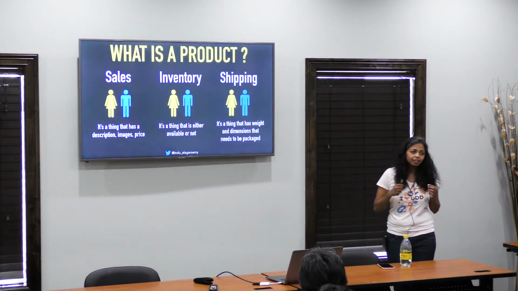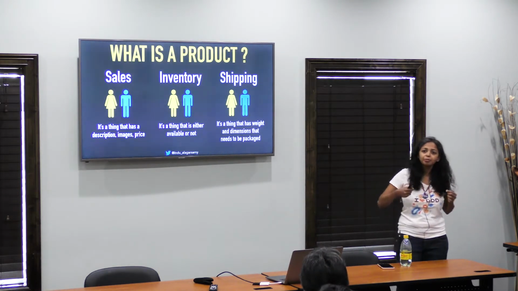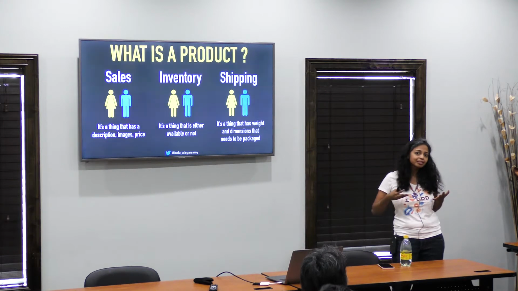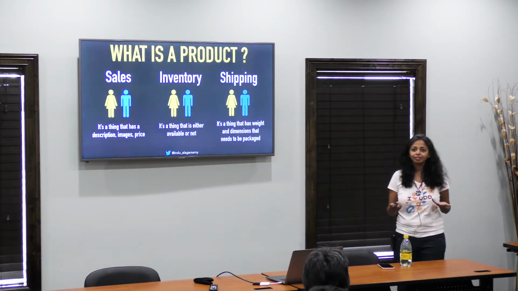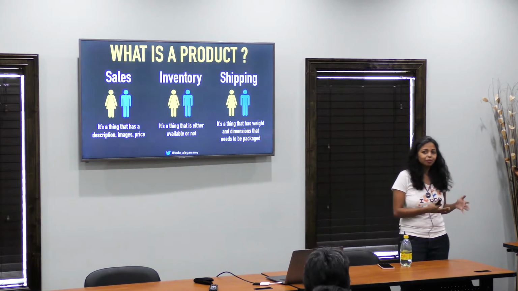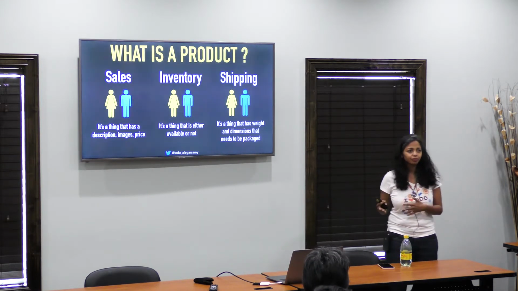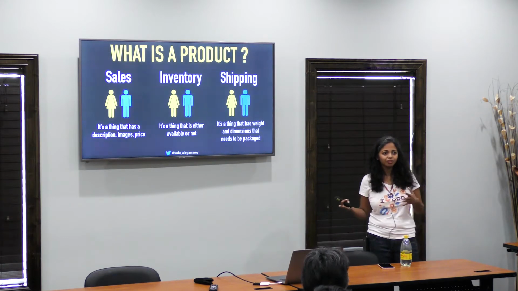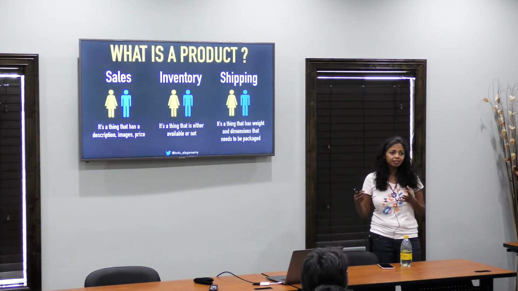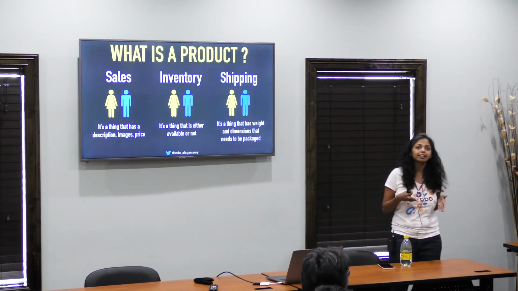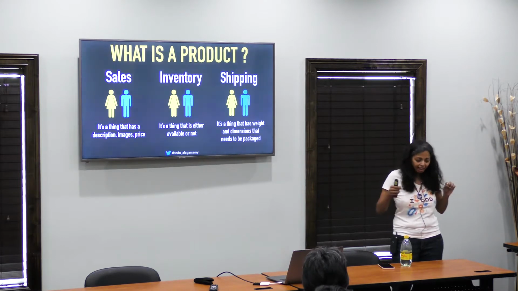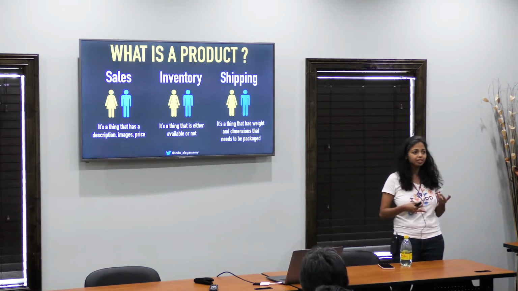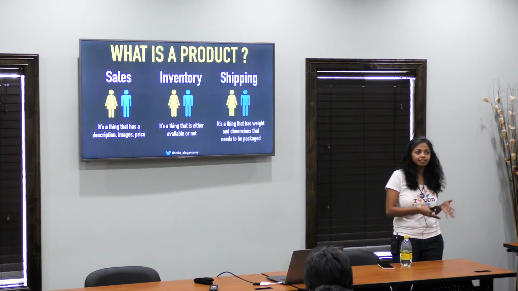But the actual idea of what a product is might depend on who you talk to. Like Gomti was talking about SKU, some people refer to it as SKU, and some people refer to it as the order item. Different people in different teams, based on what they're dealing with, call it a product, but there are different rules and different processes attached to it.